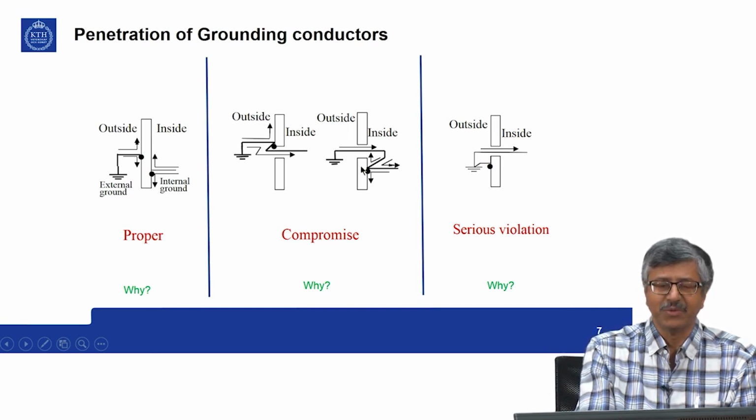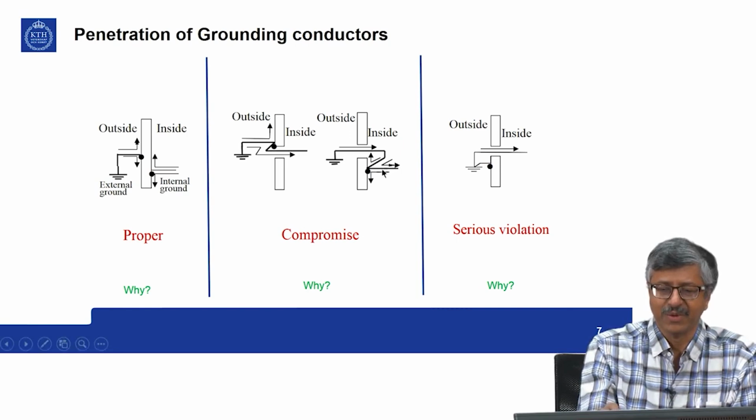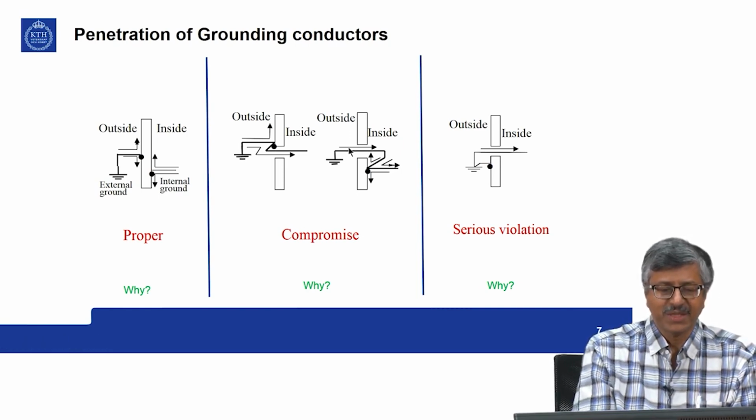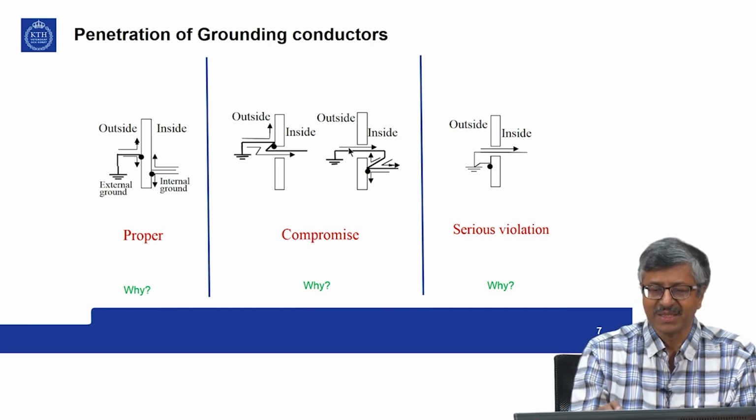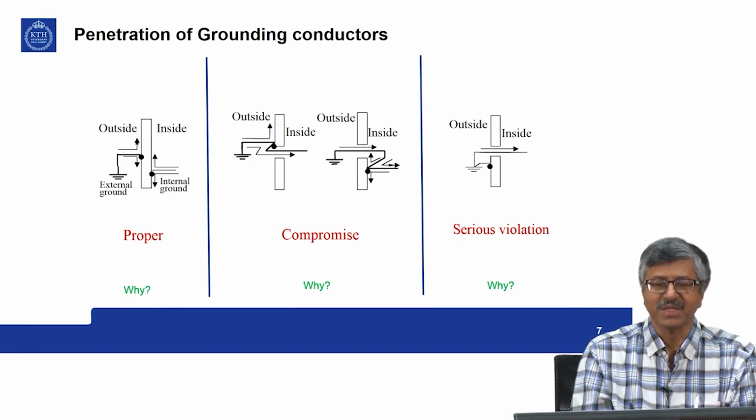This is not the best situation, but if this type of connection is not possible, one can do something like this. So, you can try to explain why it is the most proper, why it is a serious violation and why it may be a compromise, by looking at where the currents will be and looking at the zoning principles.